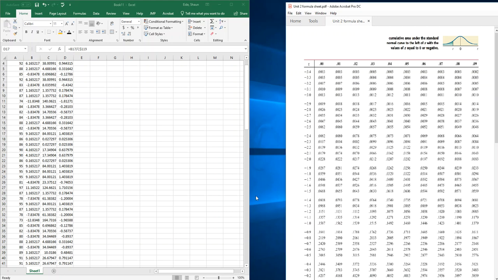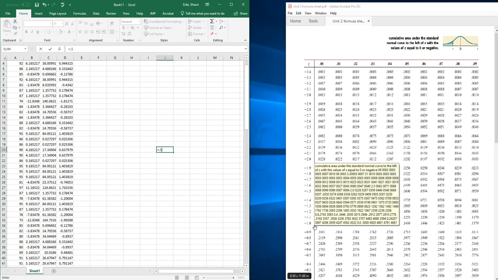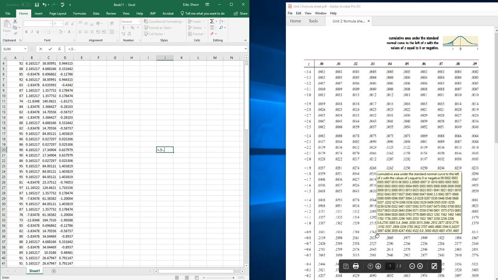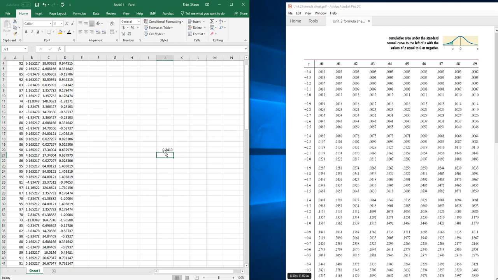So the probability of an individual being 1 standard deviation above the mean: we take 0.5, which is the individual being above the mean, minus 0.1587. Okay, so that is the individual being 1 standard deviation above the mean.